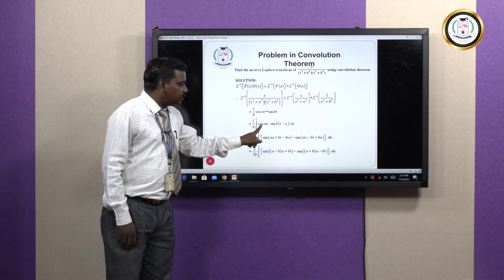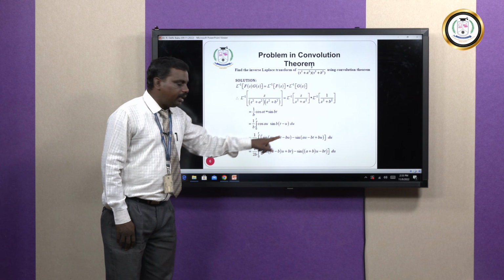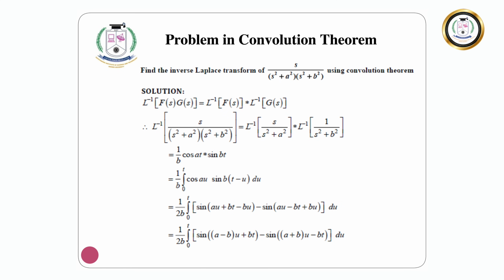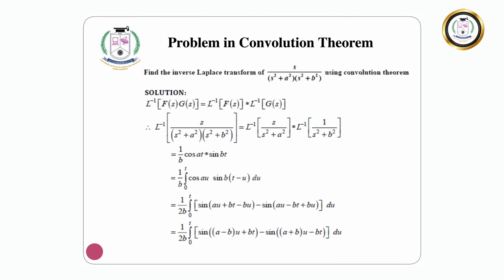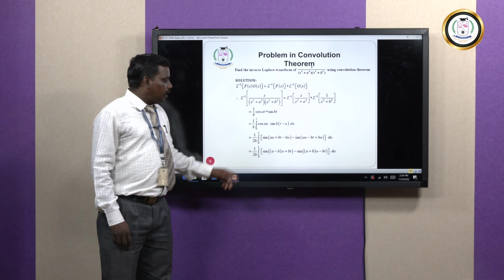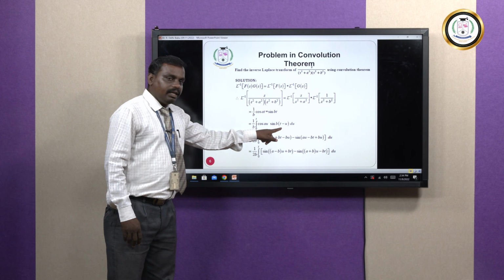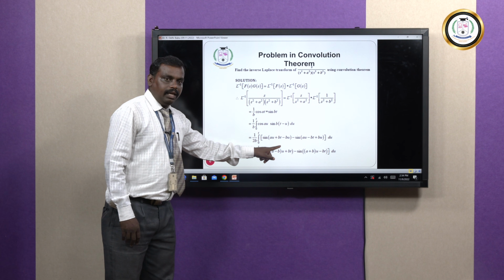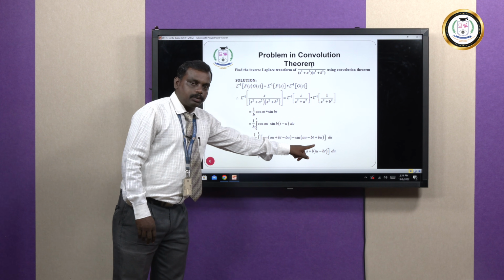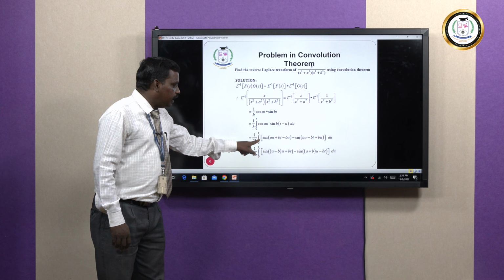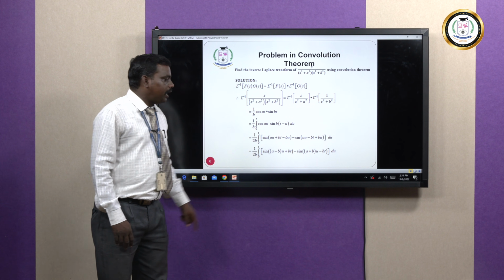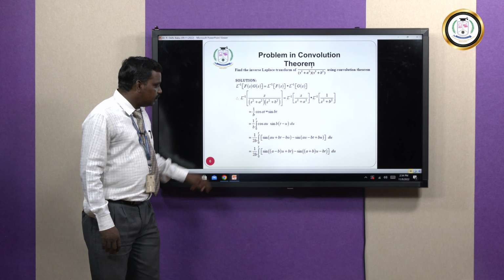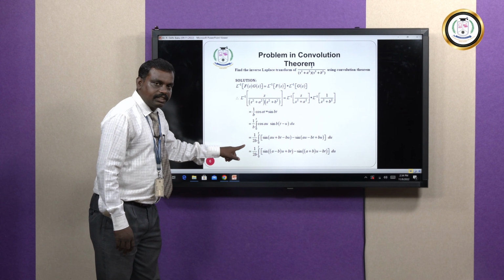Now apply the cos a sin b formula from trigonometry: cos a sin b is 1/2 [sin(a+b) − sin(a−b)], where a is au, b is bt − bu. Apply this; that 1/2 I will write in front of the integration.